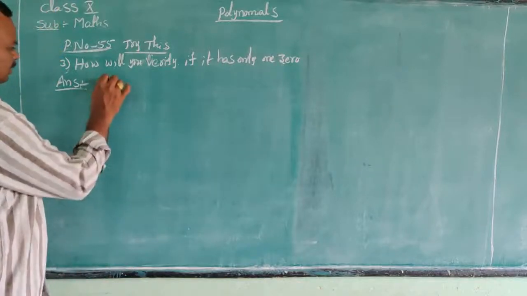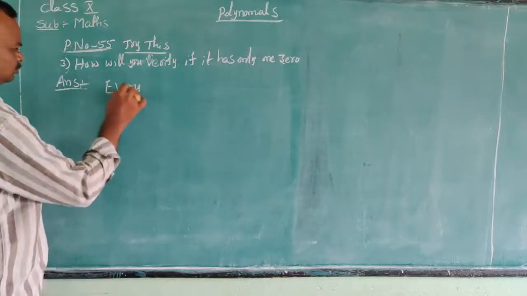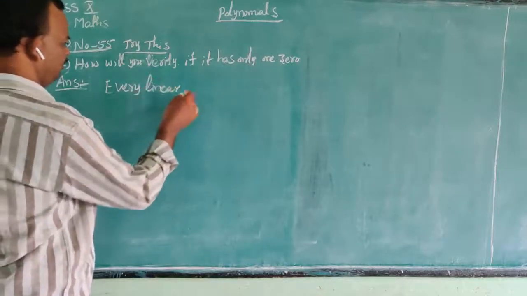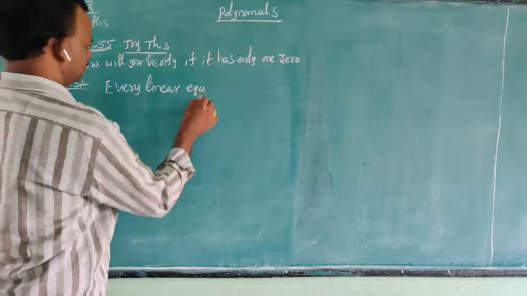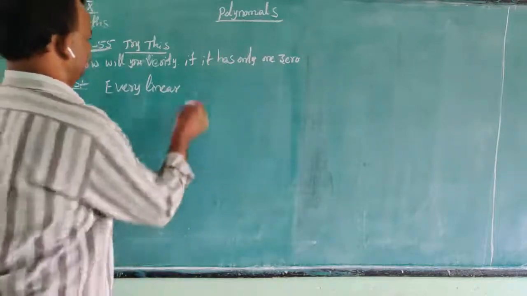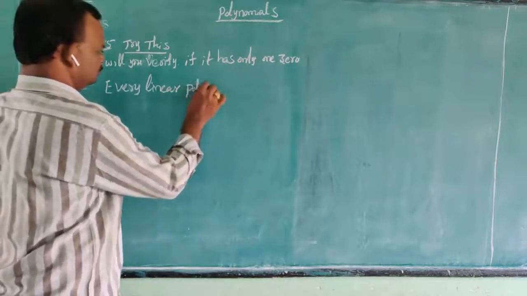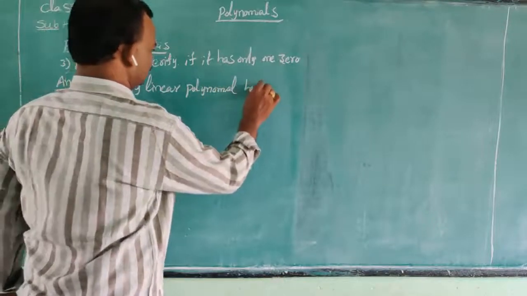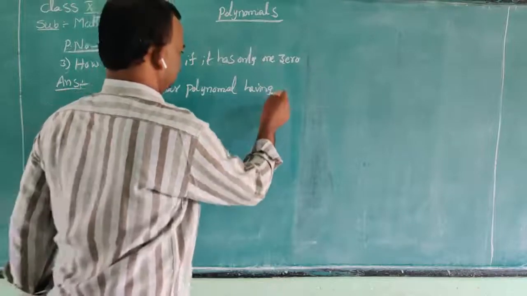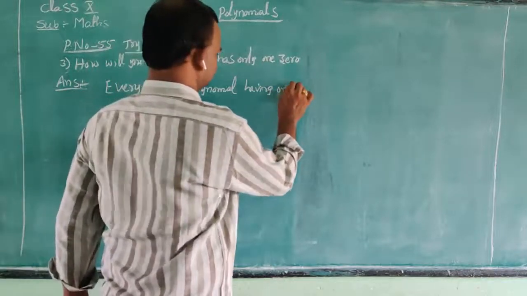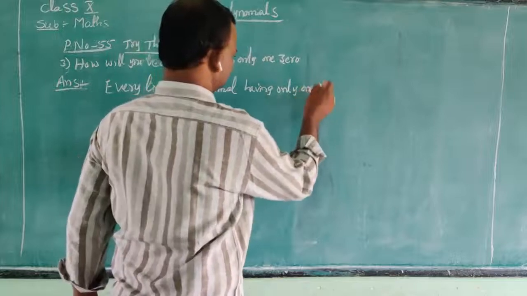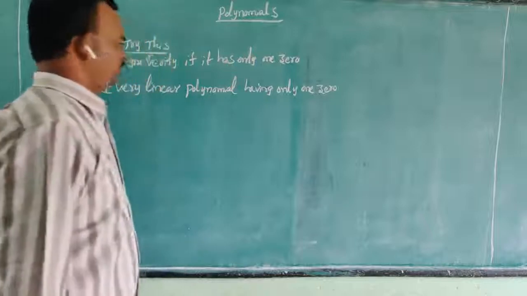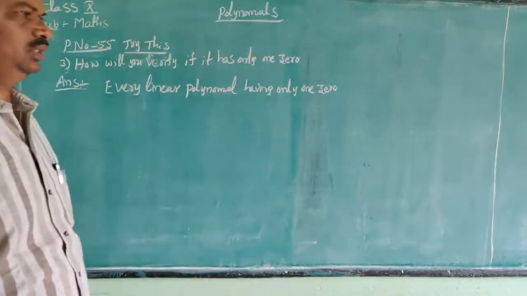So every linear equation or linear polynomial has only one zero.